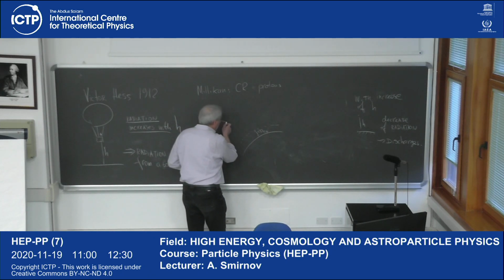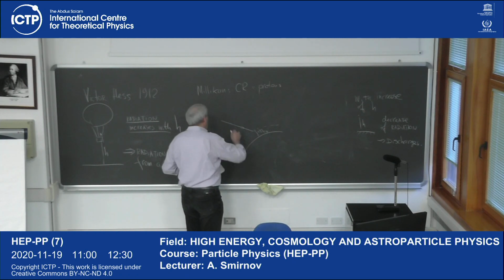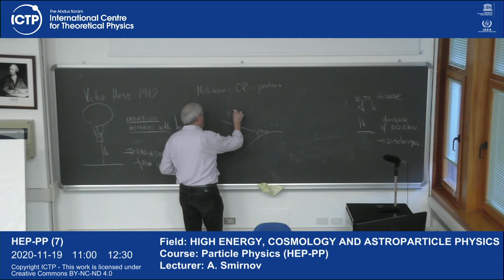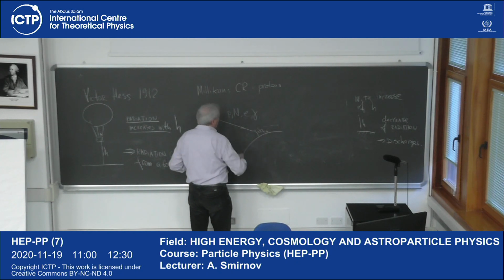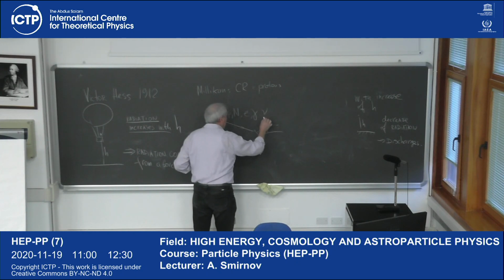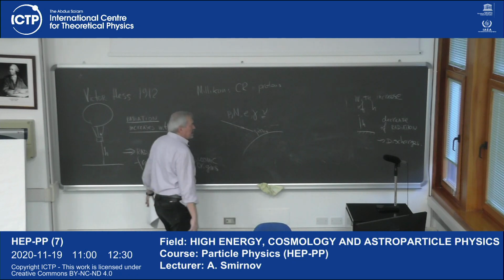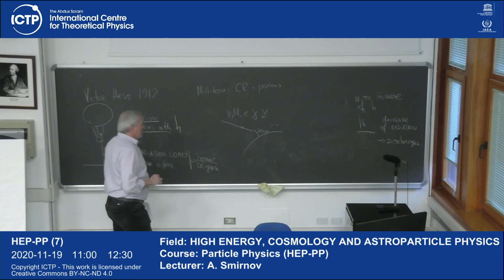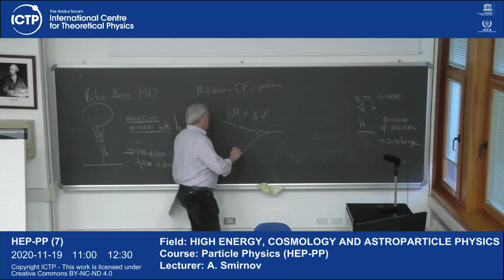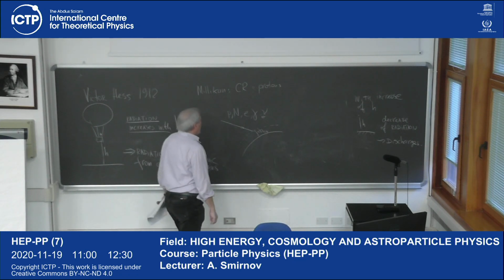We have fluxes of particles from cosmic space, and those are protons, nuclei, electrons, gammas, and neutrinos. In the last 10 years we really detected these neutrinos of cosmic origin.